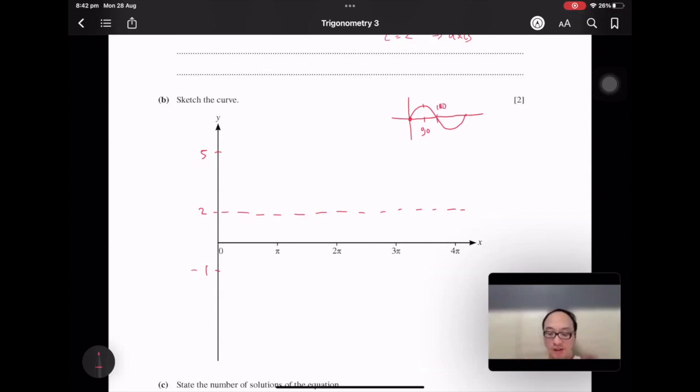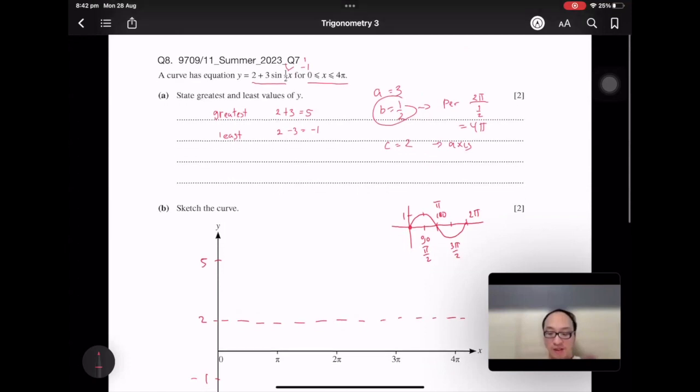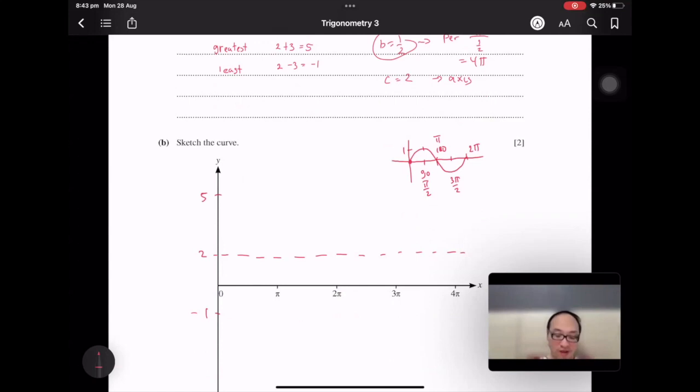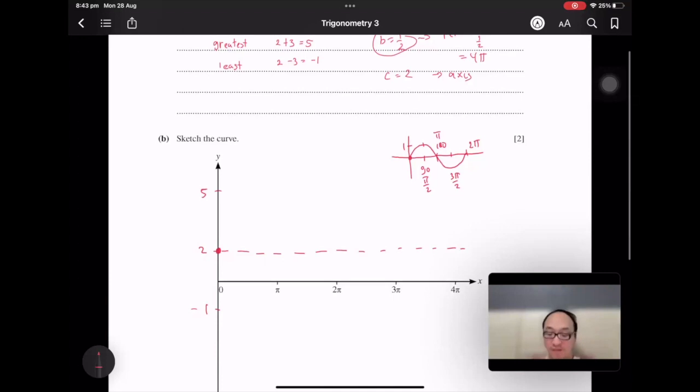In this case, we will use radians: pi over 2, this is pi, minimum 3 pi over 2, and then this is 2 pi. Maximum is 1. So the function 2 plus 3 sine half x starts at the principal axis at 0 degrees, and then maximum 1 at 90 degrees, pi over 2.